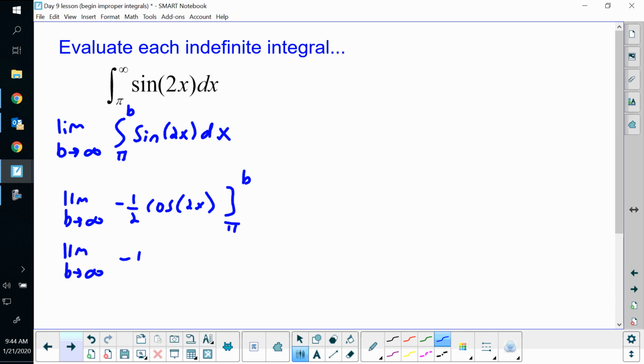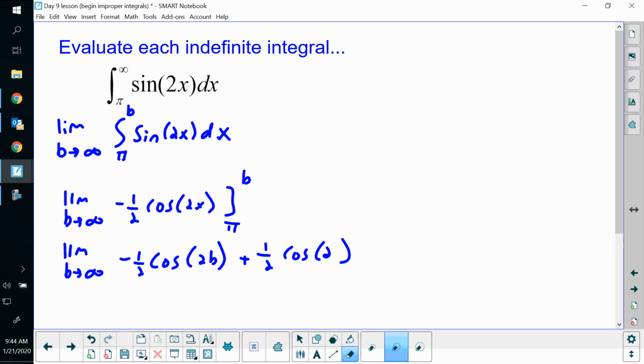So this would be negative 1/2 cos 2b plus 1/2 cos 2 pi. Oops, 2 pi, not 2x.